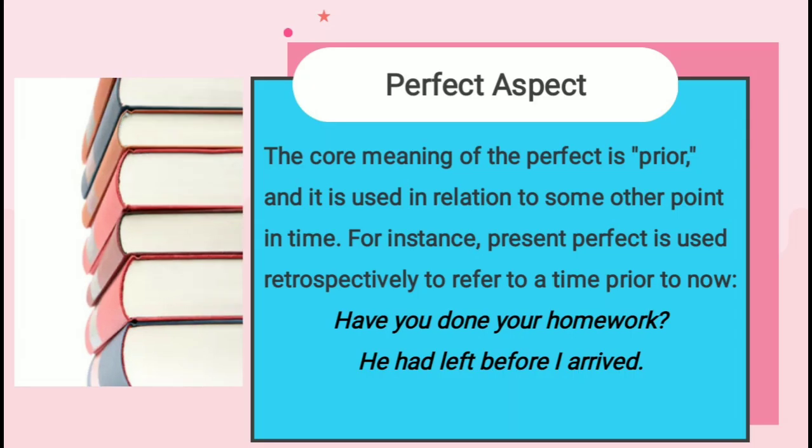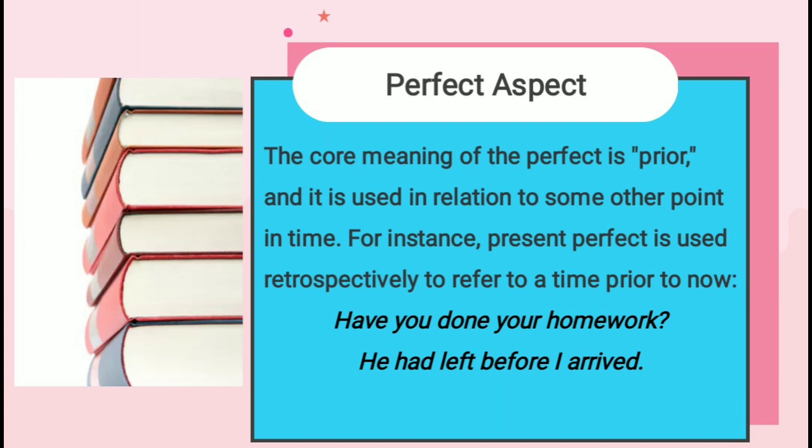Let's proceed to the perfect aspect. The core meaning of the perfect is prior, and it is used in relation to some other point in time. So when we talk about the perfect, it means prior, nauna or past time na siya.